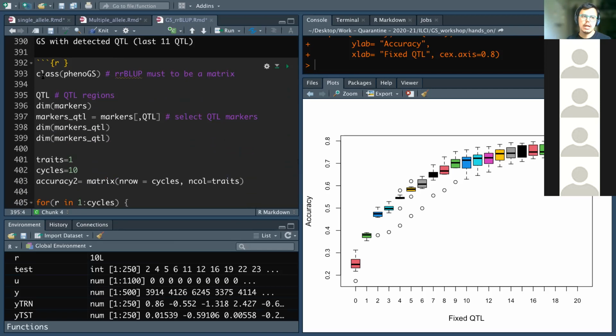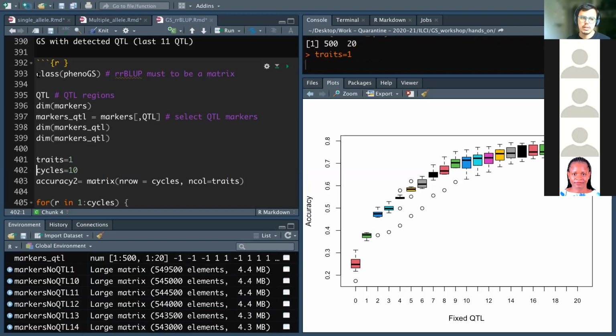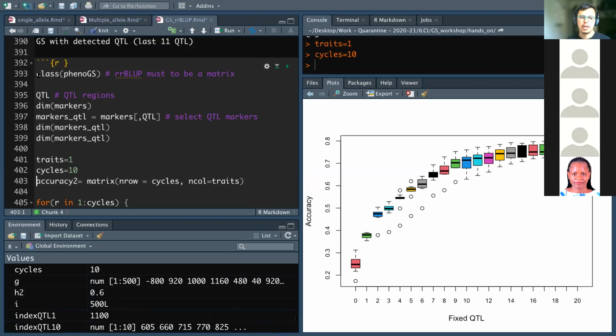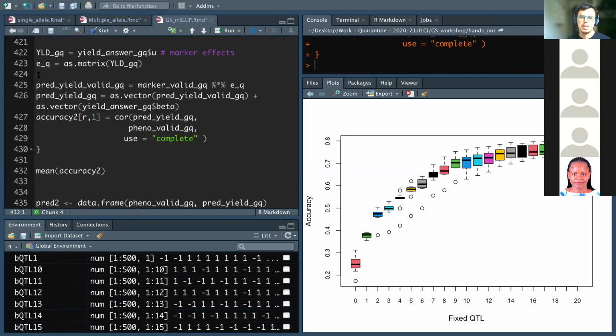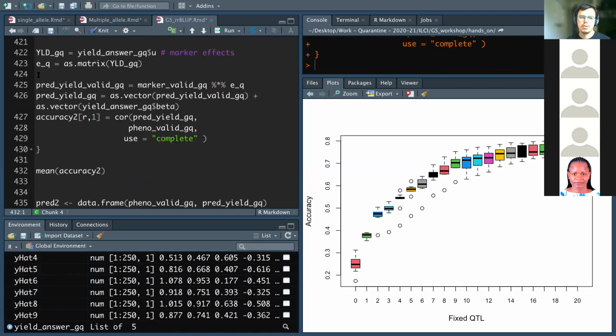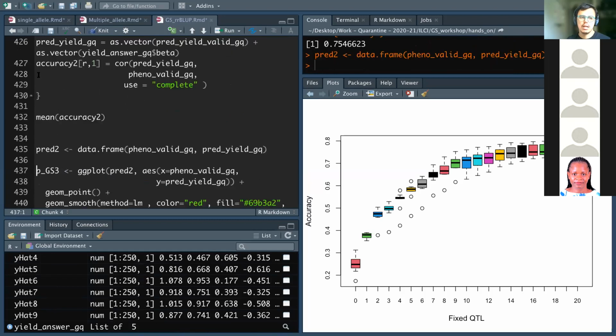Another kind of analysis that you can do is just use the molecular markers to run the models. I think that is not a good practice, just because it is really difficult to detect all the QTLs.